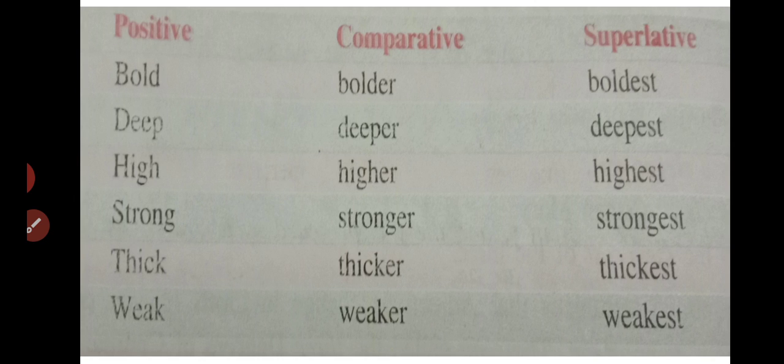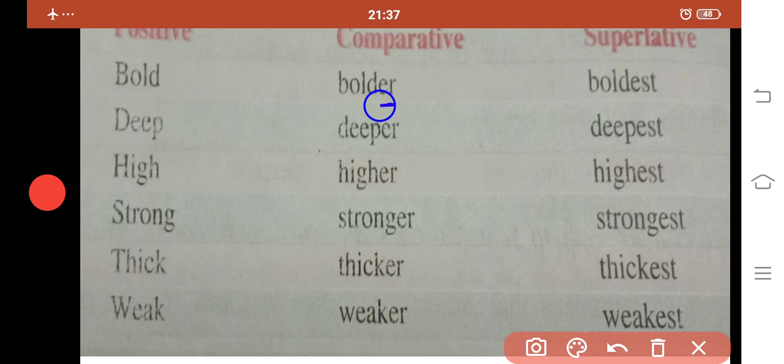These are adjective words. When we change this adjective into a comparative degree, we have to add er with that adjective. If we want to get a comparative form, we need to add er. Bold becomes bolder. By adding er we are getting the comparative form bolder. In the superlative degree, by adding est with the word bold, we are getting boldest.